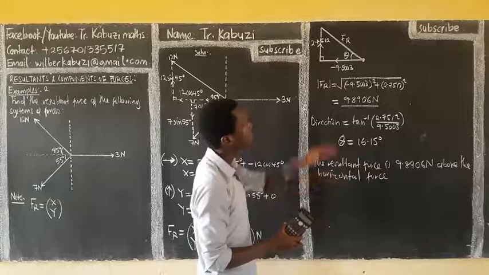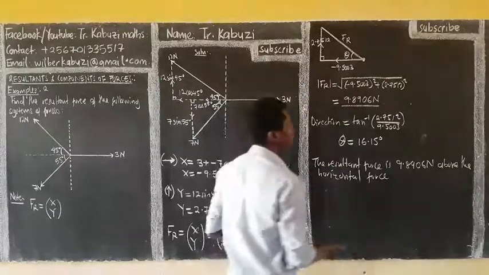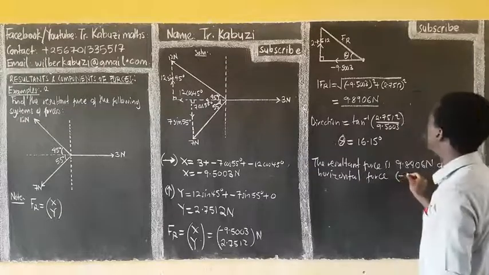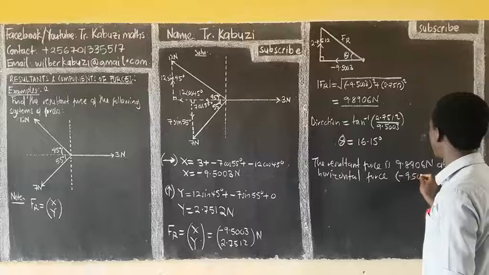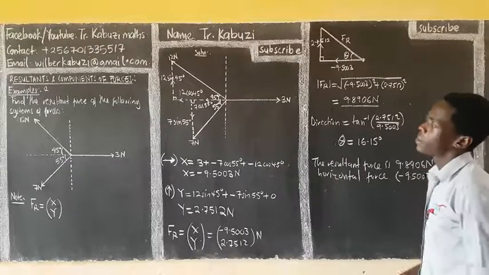This is our horizontal force, this resultant. Even you can put it there, the negative 9.5003 newtons. As simple as that.